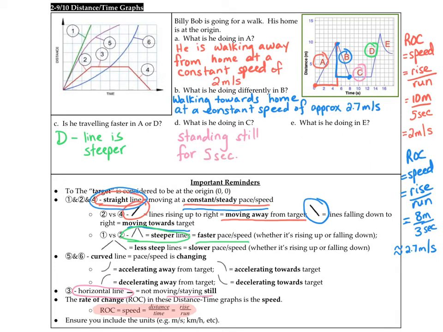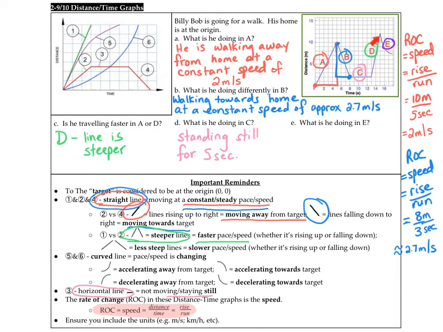And lastly, what is he doing in section E? Now, E is a curve, so that means he is not walking at a steady pace. He is either accelerating or decelerating. Now, to find out if he's accelerating or decelerating, you have to see if the steepness is increasing or decreasing.